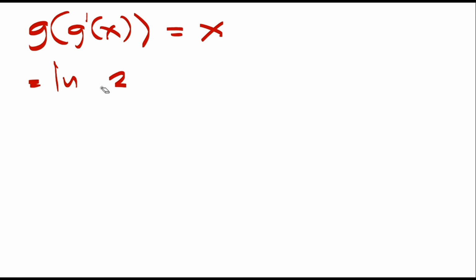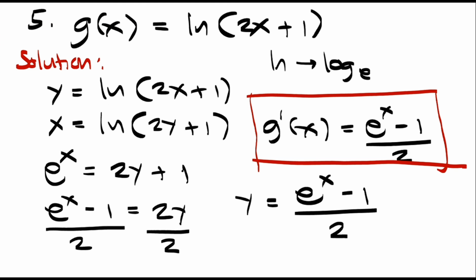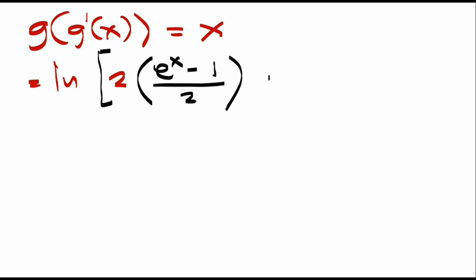So we have, let's erase this one, and let's use the base. So 2x will be 2 times the inverse, e to the x minus 1 all over 2, and then plus 1. So this is 2x plus 1.